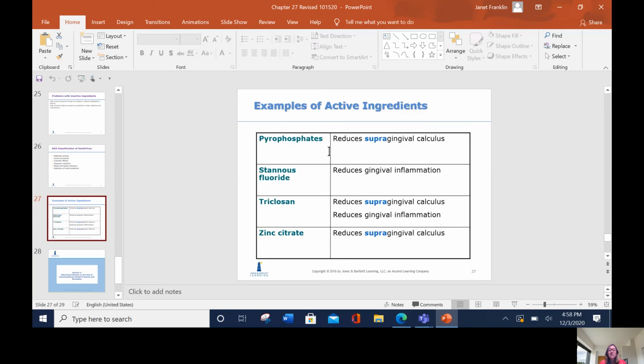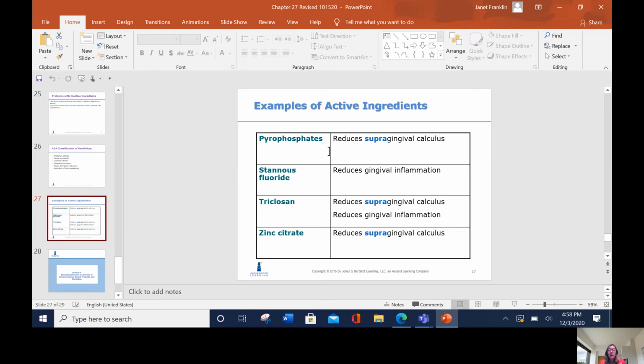So examples of the active ingredients: pyrophosphates. Pyrophosphates are in toothpaste that prevent calculus formation. When you use a toothpaste that prevents calculus formation, it prevents the formation of new calculus. It does not have any effect on calculus that's already formed on the teeth. Stannous fluoride reduces gingival inflammation, but it can cause some staining and bitter taste.